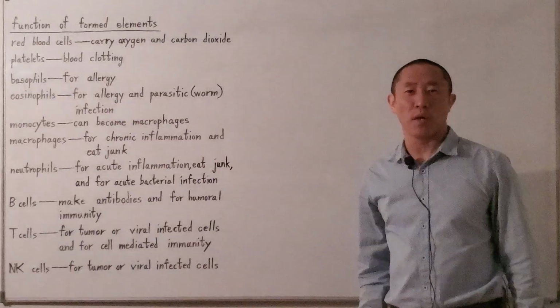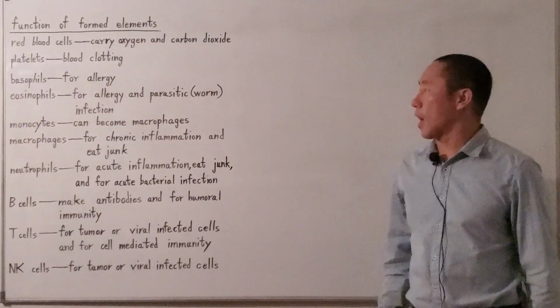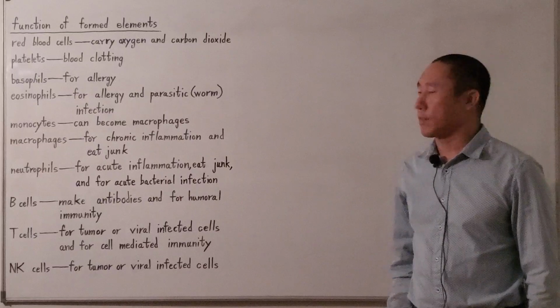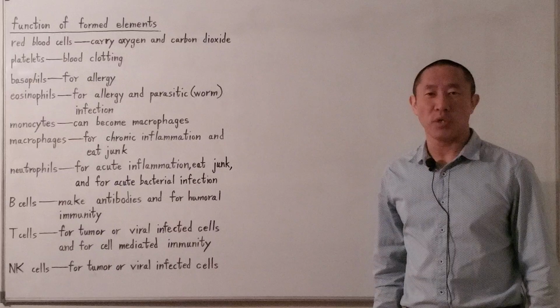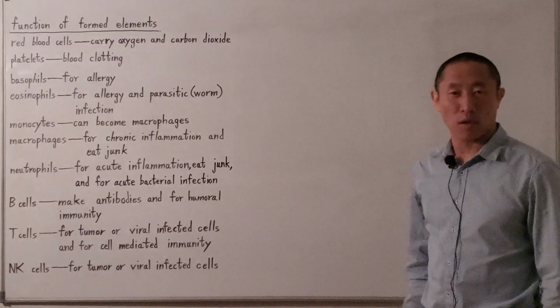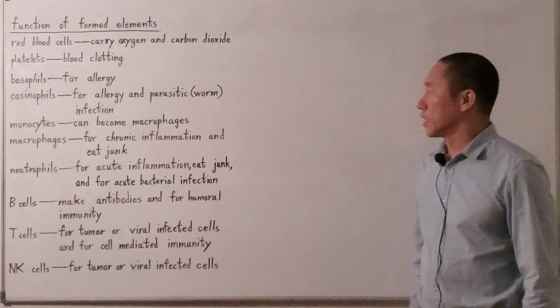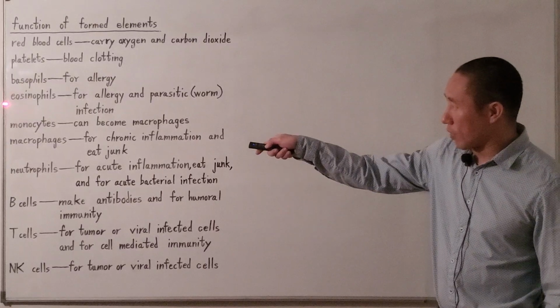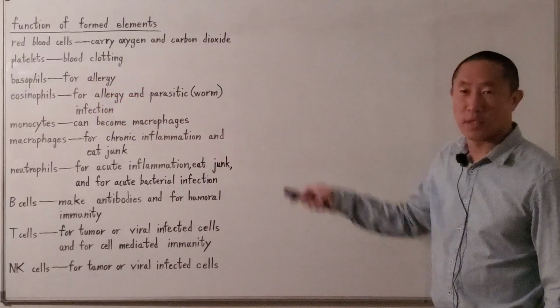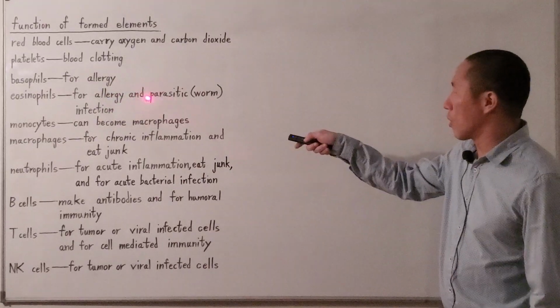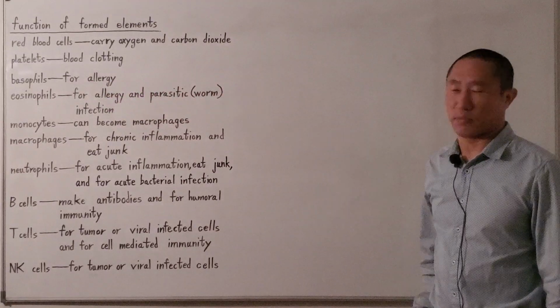So how can we remember that? We can say this sentence: Ew, I'm allergic to worms. So the ew will be for eosinophil, allergic for allergy, and worm for parasitic worm infection.